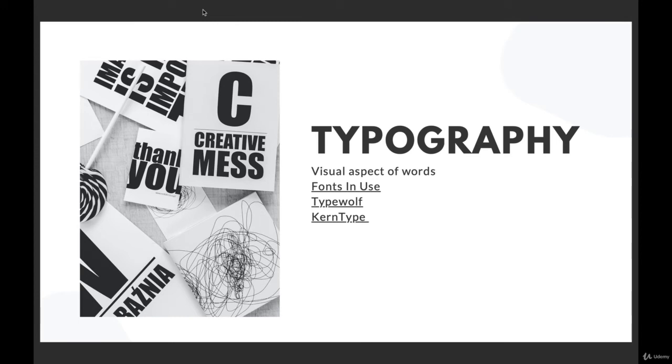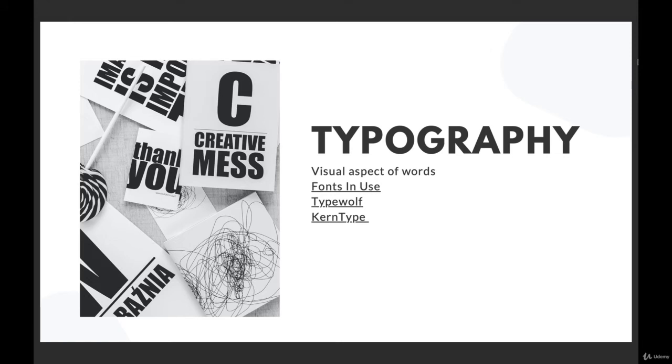Now, typography is the visual aspects of words, and don't get me started, I'm a slight nerd on typography, but I have linked a couple resources within the PowerPoint. Fonts in Use is a great website that shows you how to pair up different fonts. TypeWolf is a website where you can find out the trends that are happening within typography.